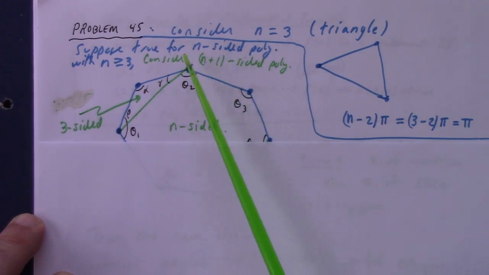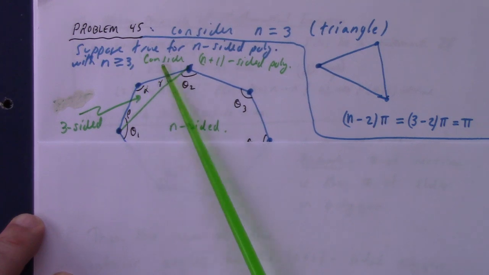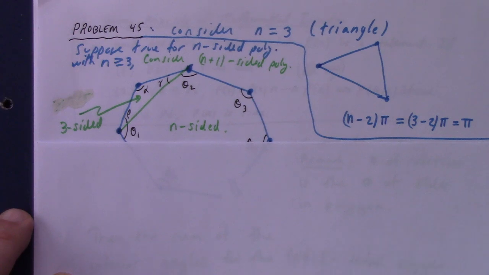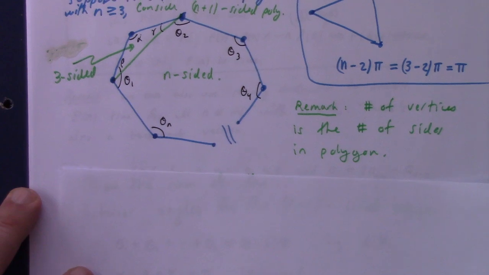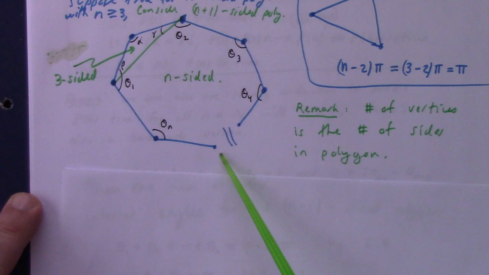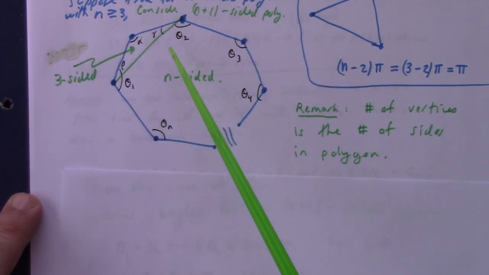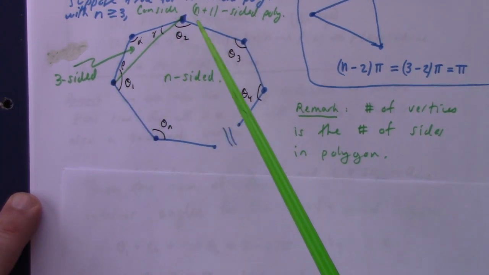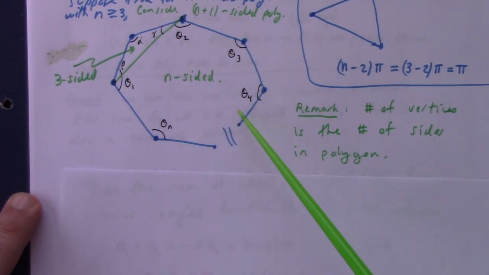So suppose inductively it's true for an n-sided polygon, with n greater than or equal to 3, and consider an n plus 1-sided polygon. You could make a picture like this, where you've got the n plus 1 vertices, and I just enumerate them: 1, 2, 3, 4, all the way out to n.